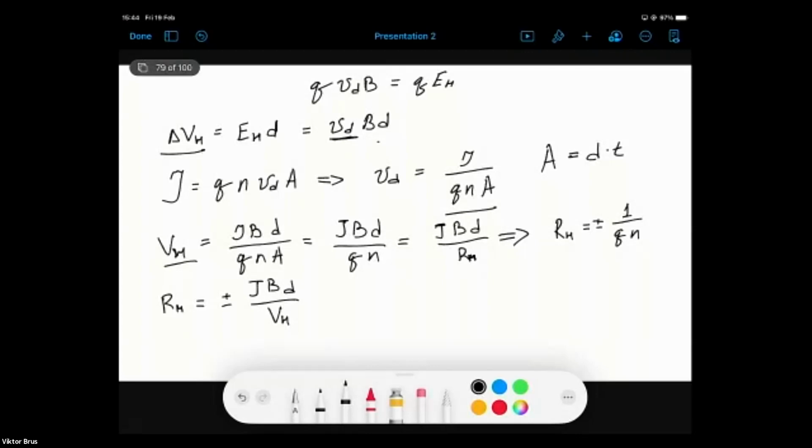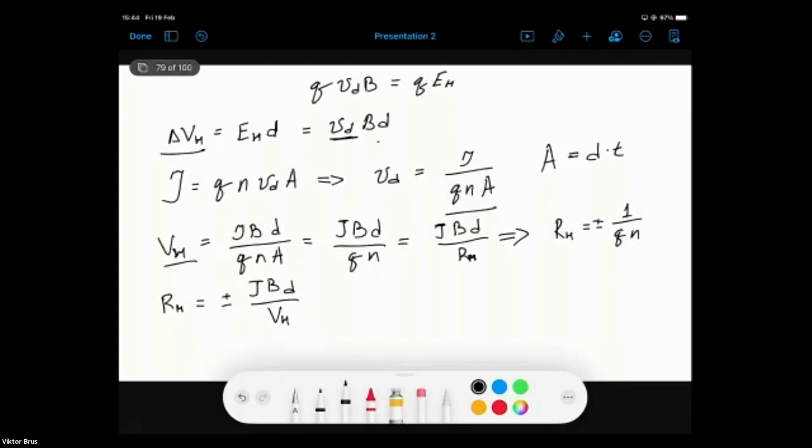The same stands for the D, which is the distance between the edges of the semiconductor or conductor. And that is also predefined by the experiment conditions. And also in the denominator, we have this Hall voltage, which we actually measure experimentally during the experiment.